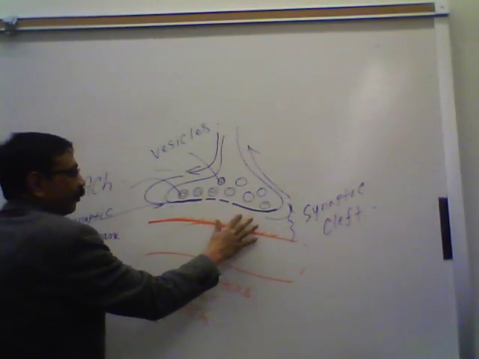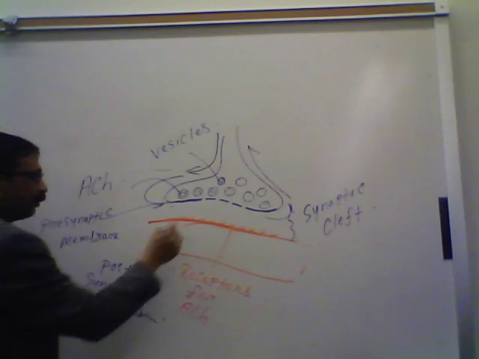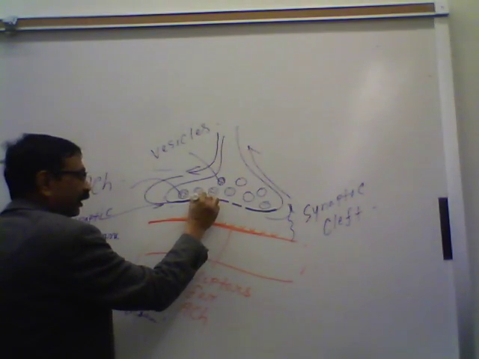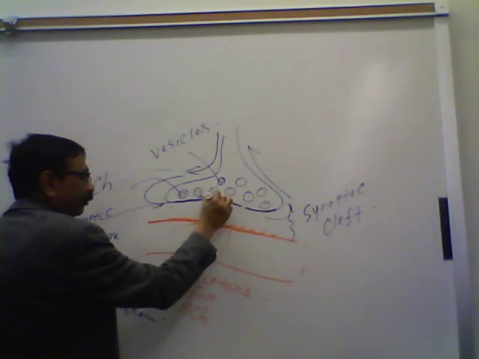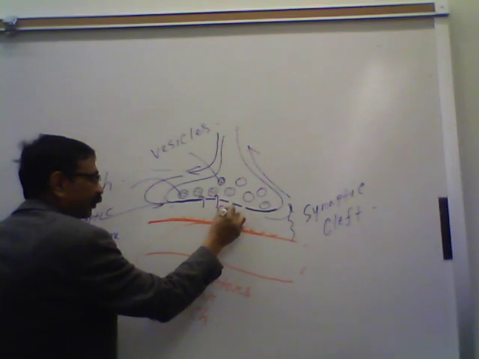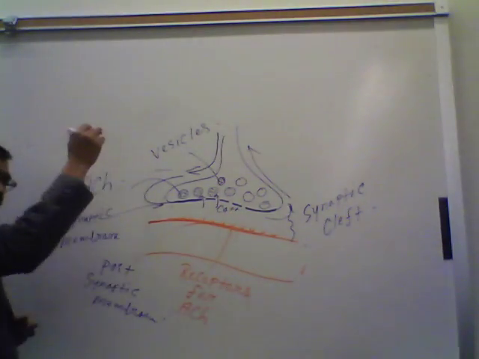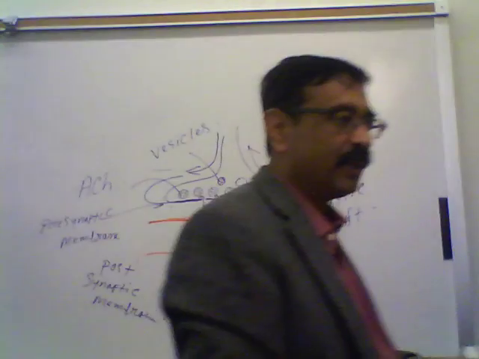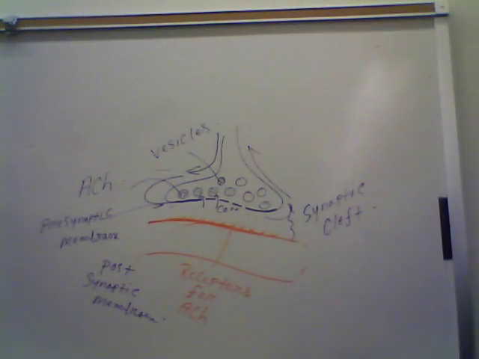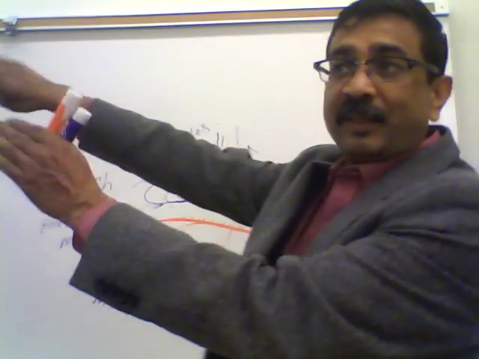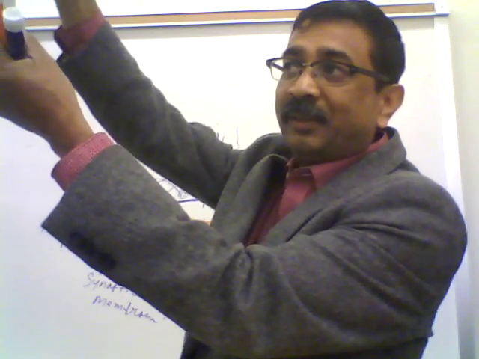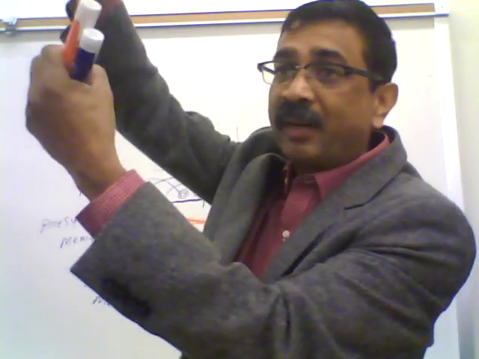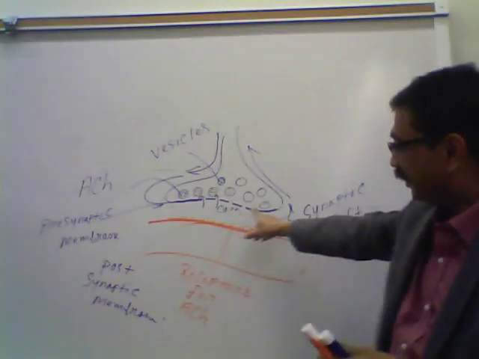In the presynaptic membrane, calcium channels get opened and calcium enters into the presynaptic terminal. This calcium is different from the calcium that comes from the SR and binds with troponin. That is different. This is another calcium.